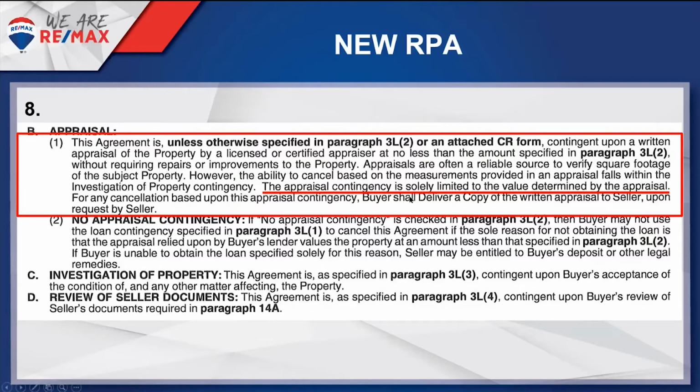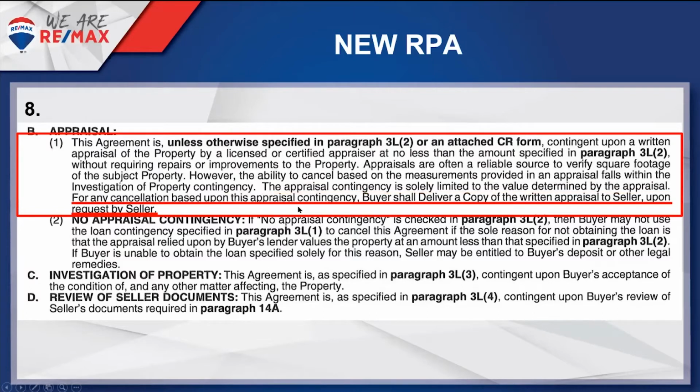Well, in those 2 instances, the appraisal contingency is not the contingency that would protect the buyer. It would be the investigation contingency. So if the investigation contingency has already been removed, and then the buyer finds out the square footage is less than she thought or he thought, they cannot use the appraisal contingency to cancel and demand their deposit back.